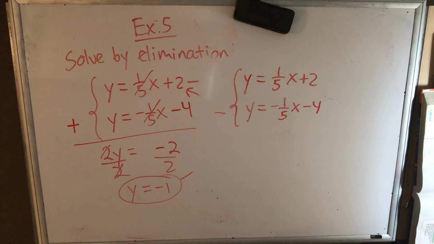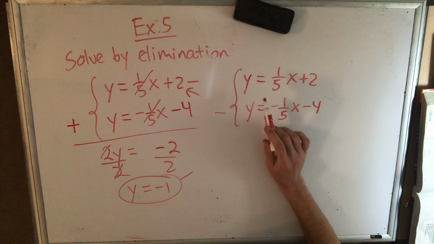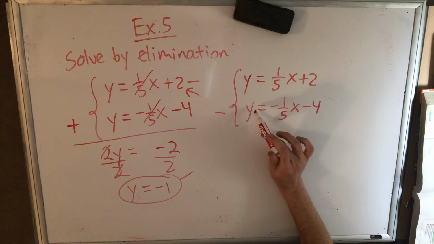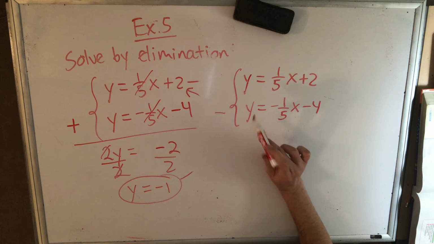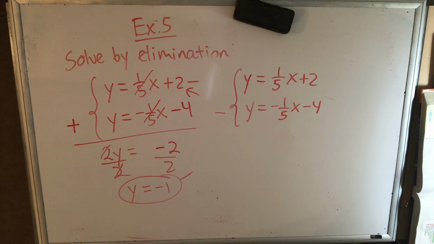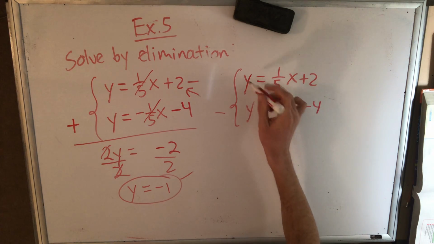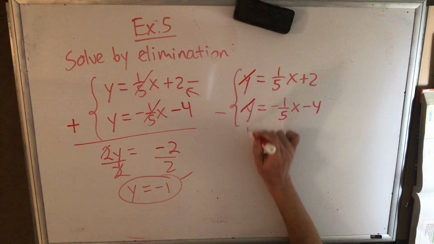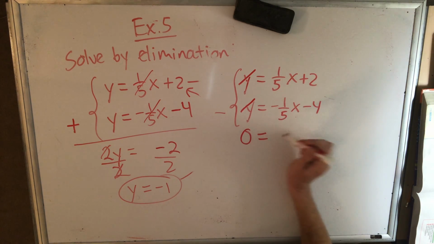Anytime you have the exact same terms in both equations, you can subtract the equations to eliminate the variable. So we have y in both equations. Let's subtract the equations to eliminate y. Y minus y is 0, so it cancels out, it gets eliminated.